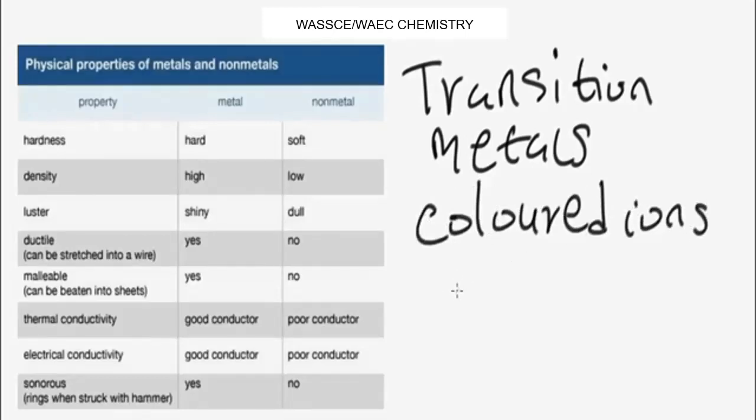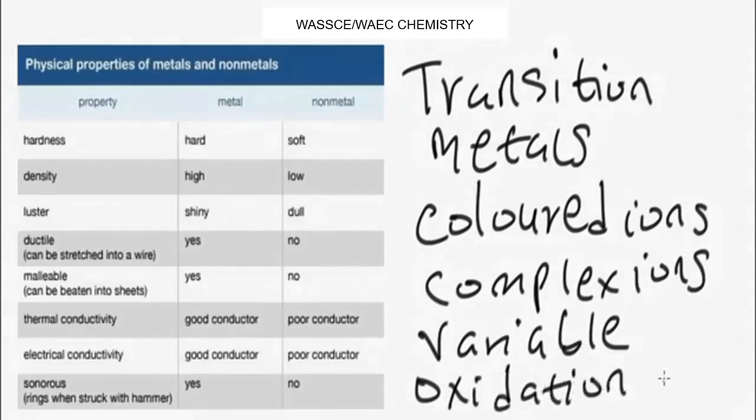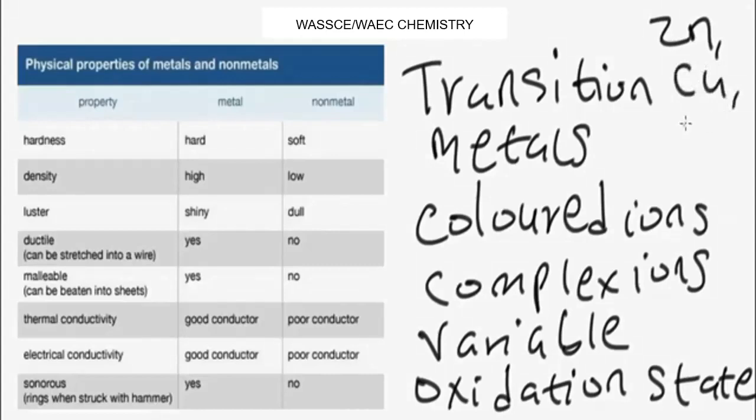They also have the ability to form complex ions. They have variable oxidation states. Examples of transition metals are zinc, copper, iron, nickel, and cobalt. These are examples of transition metals.